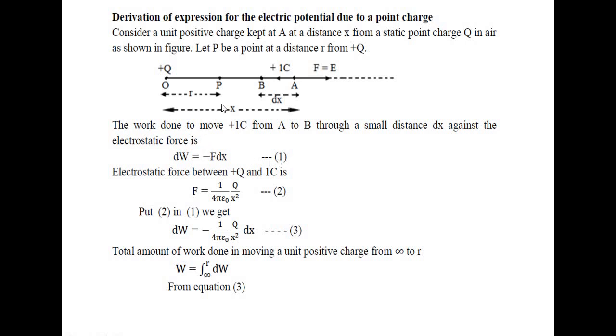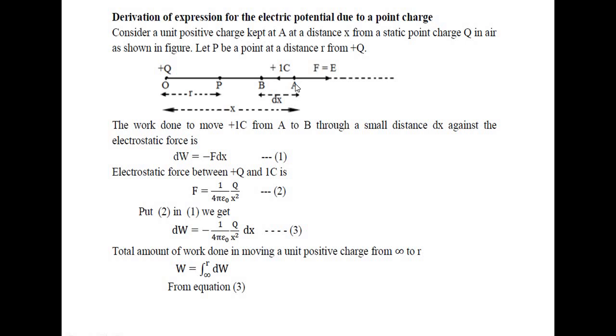The consideration is unit positive charge is placed at A at a distance of x from O. P is a point at a distance r. In the beginning we have to find out the work done to move a charge of 1 coulomb from A to B against the direction of the electric field. See students, the electric force is forward.